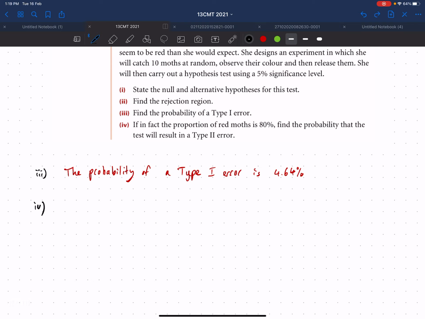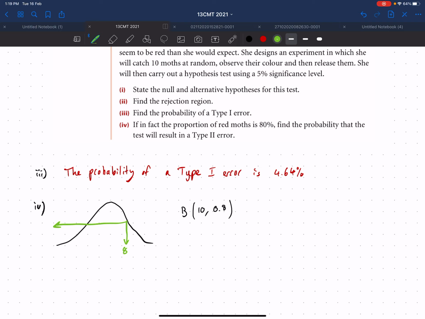Okay, that wasn't a great drawing. Our distribution is now B(10, 0.8). What you are trying to find is the probability of getting 8 or fewer red moths.